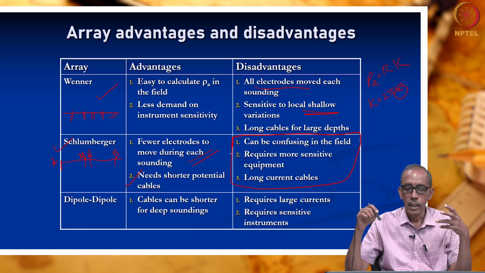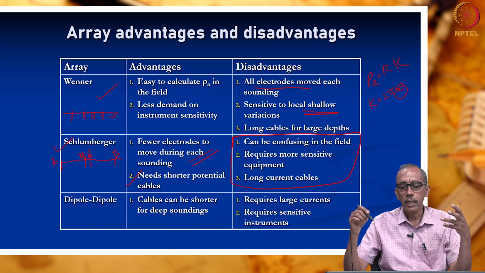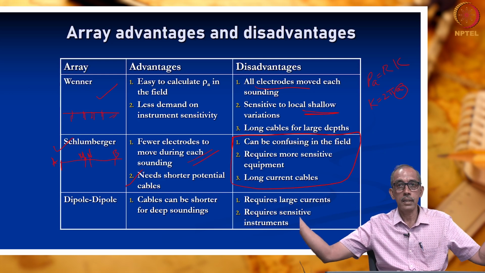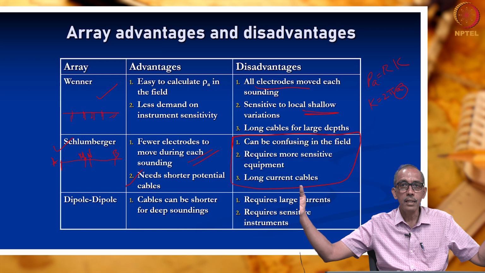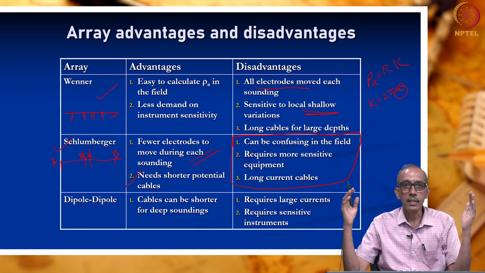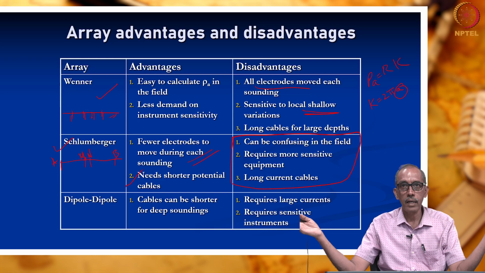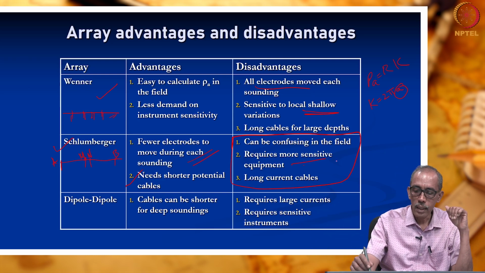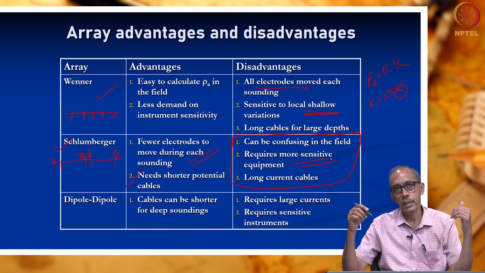One is, it is a little bit confusing to carry out Schlumberger method in the field, especially when the A and B distance is much more. It is a little difficult to understand whether we have kept the electrodes at the corresponding distance on either side of the electrode spread, right. Then we need a sophisticated instrument to carry out Schlumberger method.